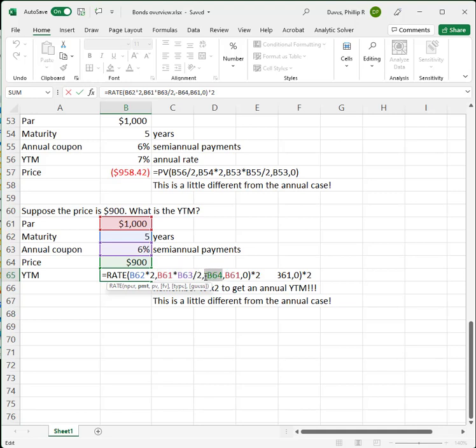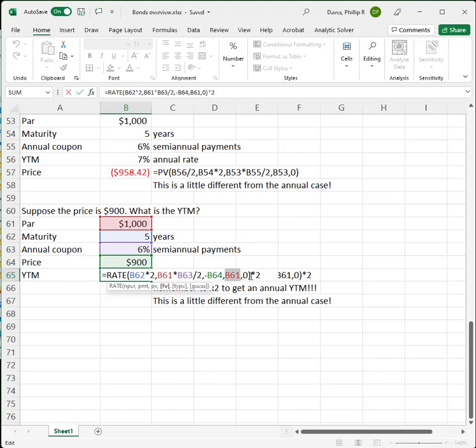We need the price. The price is $900, and we need it to be a negative number. So here's our negative $900. Notice I have a negative sign in front of that. And then we also need the final value, the par value or the face value, to be $1,000.